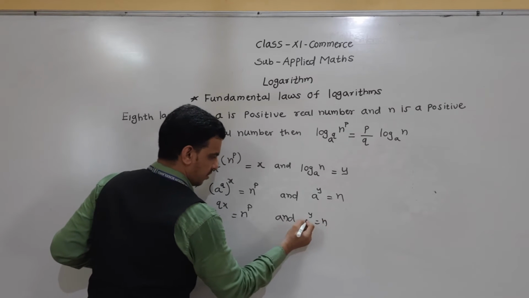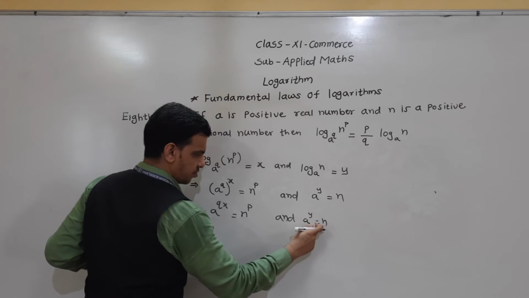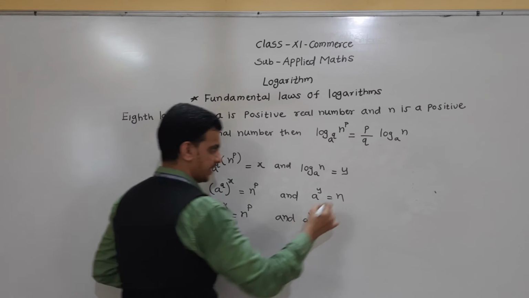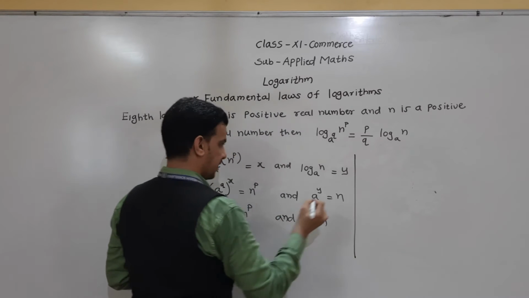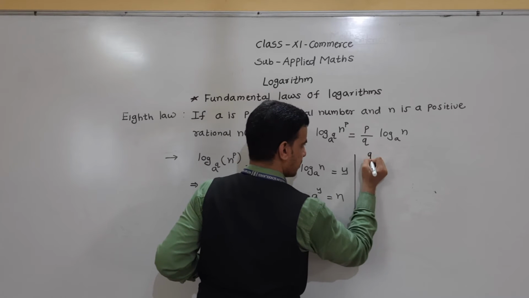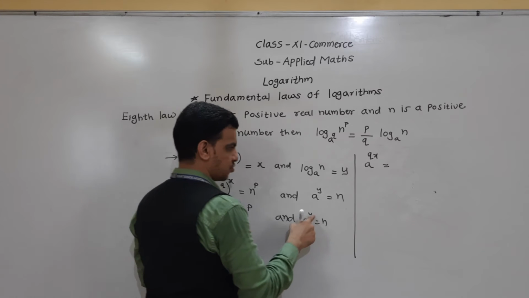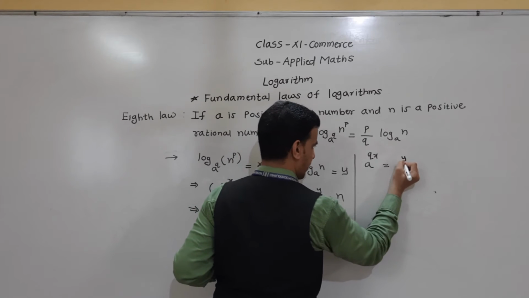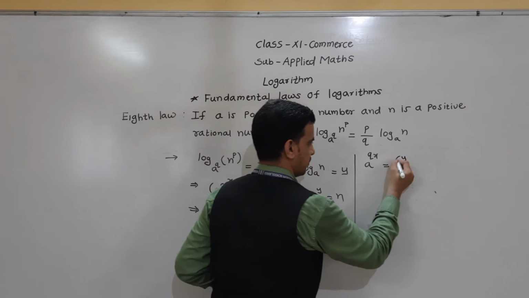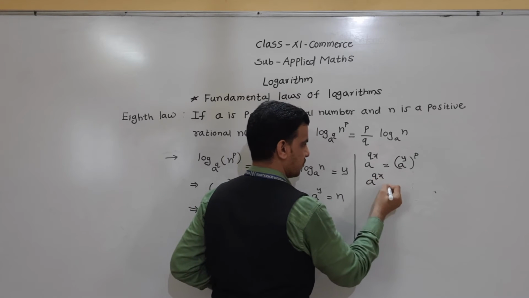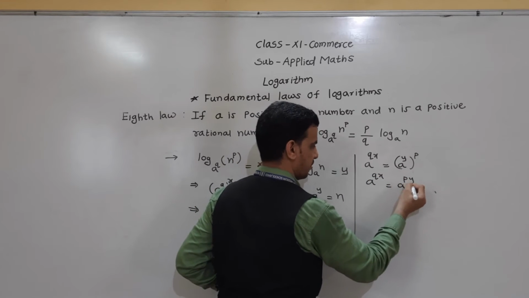Now a raised to y is equal to n, so if we substitute the value of n here, we will get a raised to qx is equal to n, that is a raised to y, so a raised to y raised to p. Okay, so a raised to qx is equal to a raised to py.